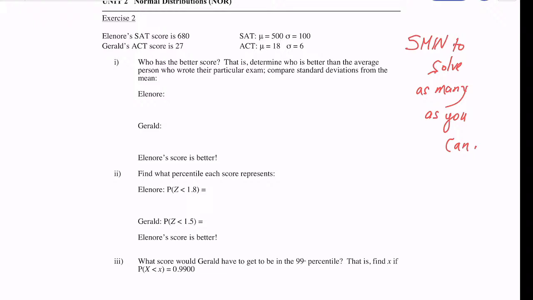So this should look familiar. We have two different students who've taken different tests. Standardized values on tests are also normally distributed.